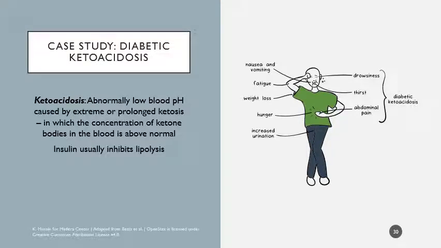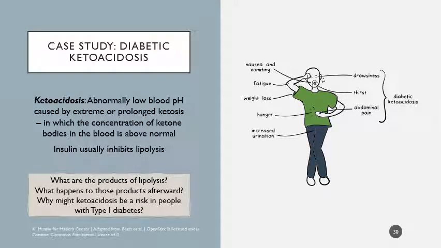So remember, whenever we're thinking about a condition, some pathology, we're thinking about what is being thrown out of balance. And usually, if you have homeostatic balance with insulin and glucagon, insulin is functioning to do a lot of things, but also it inhibits lipolysis. So you don't have that breakdown of those triglycerides into their constituent pieces.